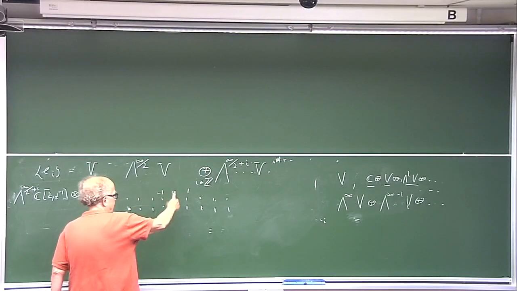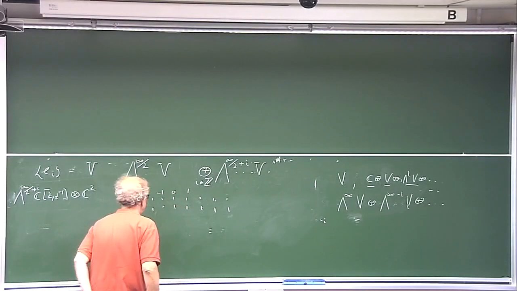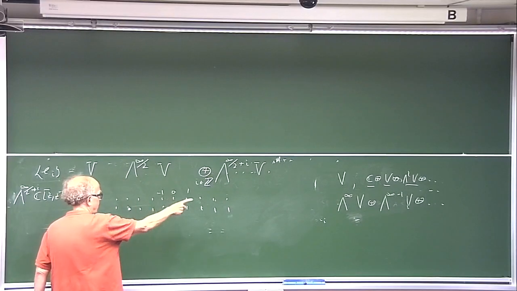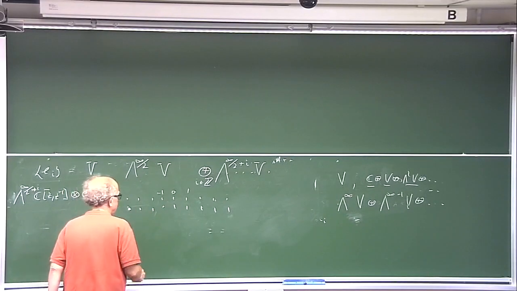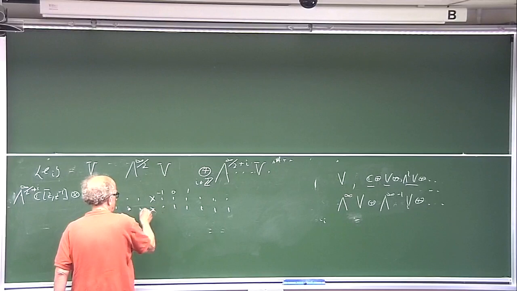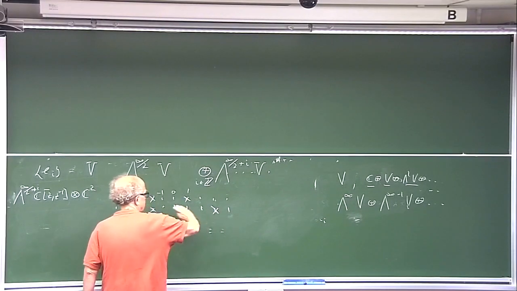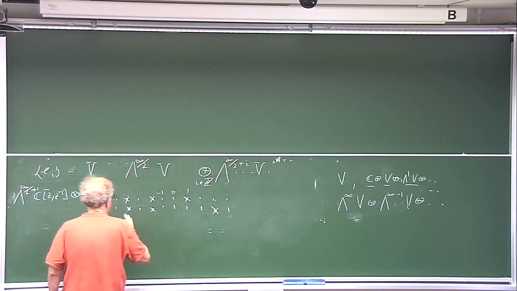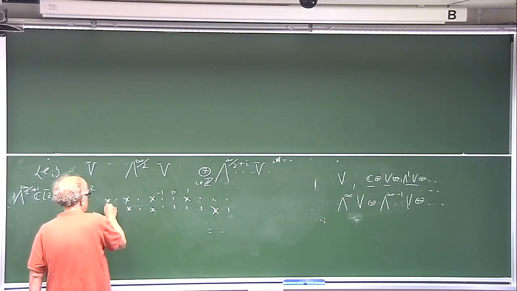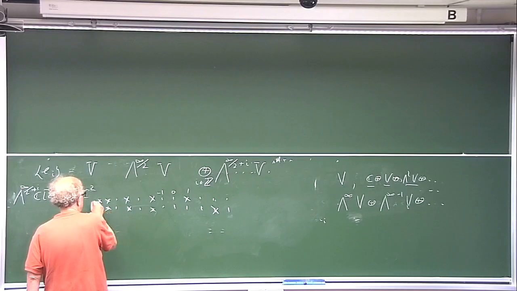and I can label columns in this lattice by 0, 1, 2, and so on. And a configuration is something like this. It is going on to 0 in this direction, but here, after some point, I have such kind of tail.